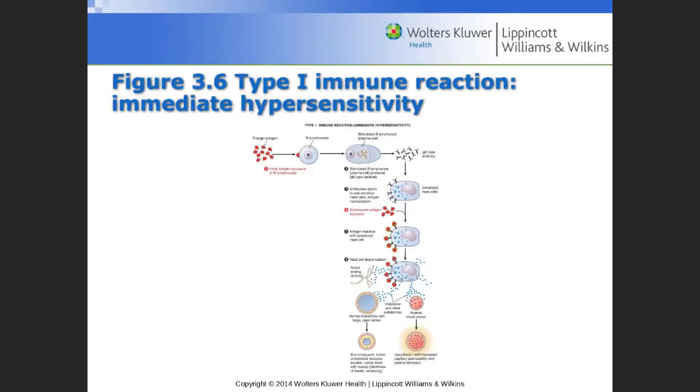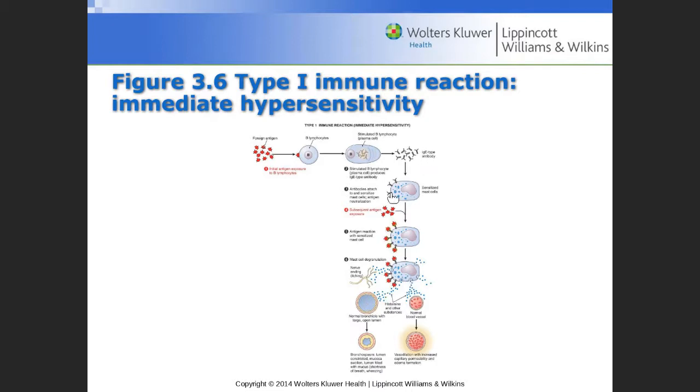Type 1, very quick to react, is mediated by antibody. Okay, and here it just shows you that foreign substance. Type 1 is usually mediated by things like pollens or dust, and in general is known as atopy. Okay, it produces the antibody, particularly IgE.